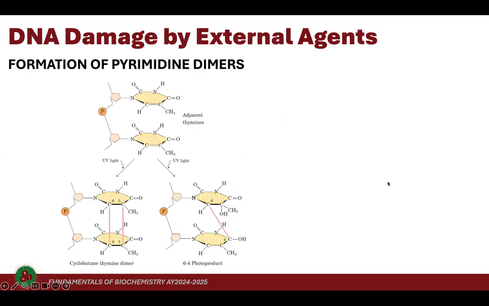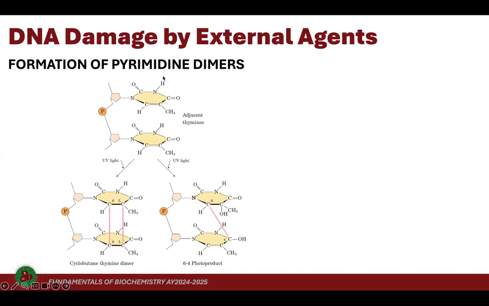Next is the formation of pyrimidine dimer. We are now starting DNA damage by external agents. The formation of pyrimidine dimers is triggered by the exposure to UV light or radiation. So the energy from your UV light or radiation triggers the reaction. There are two possible outcomes.